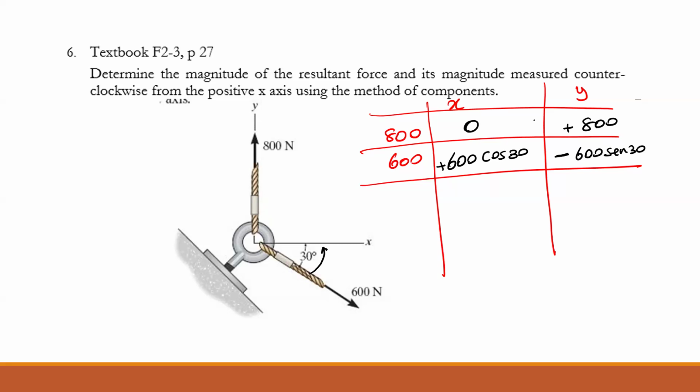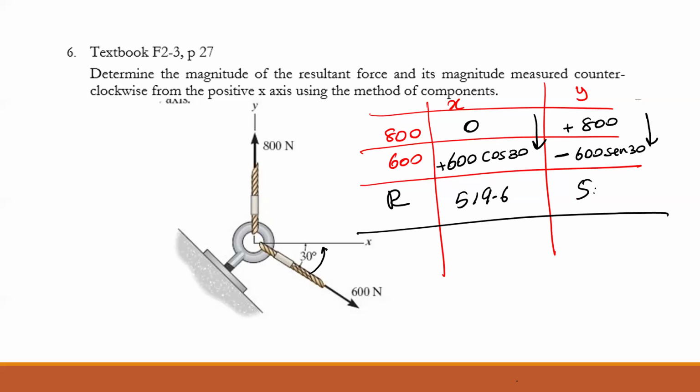Now we can add these together and we can find the resultant x and y. So 600 cos 30 is 519.6. And the next one is 800 minus 600 sin 30, which is 300.